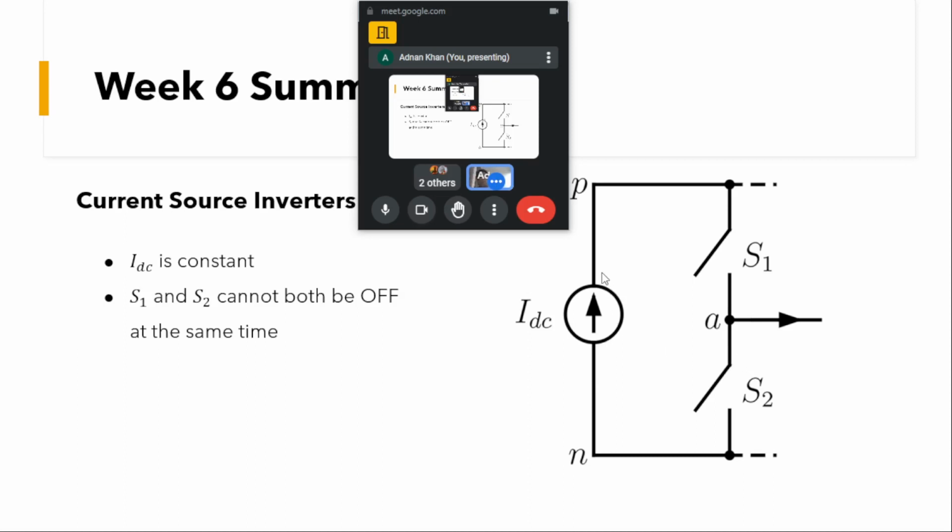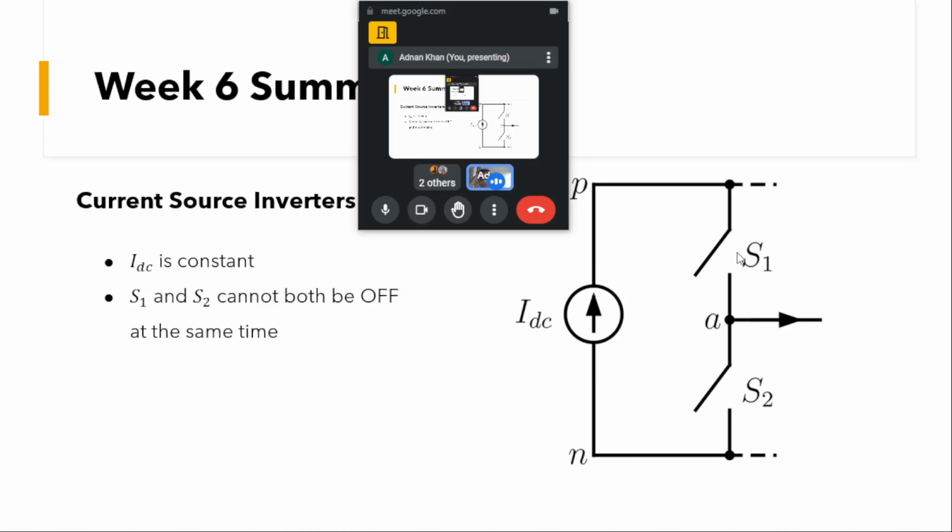Like I told you, this current source may be a DC voltage source with a large inductance in series with it. When we interrupt the current through the inductor, there will be a large di/dt, which would result in a large voltage that can damage our source as well as these devices.